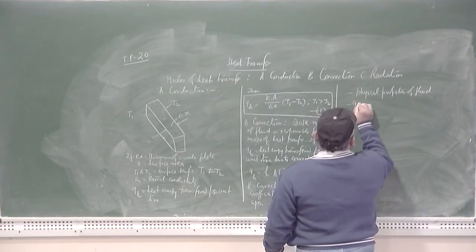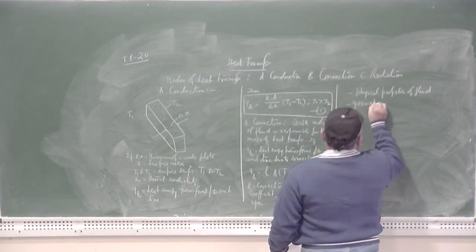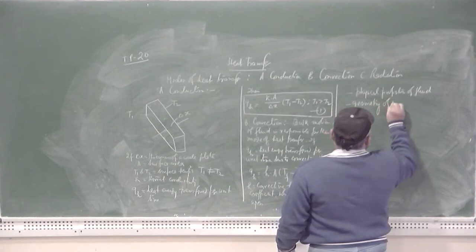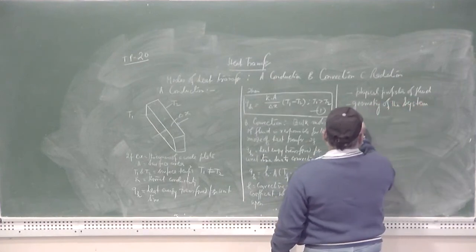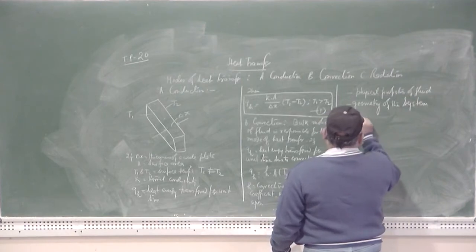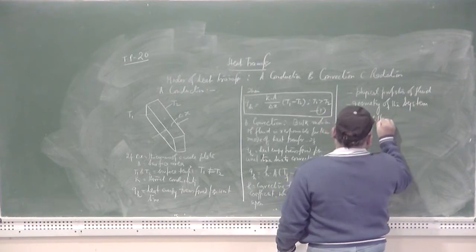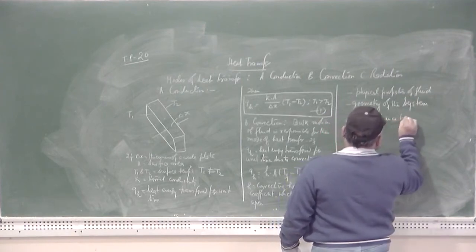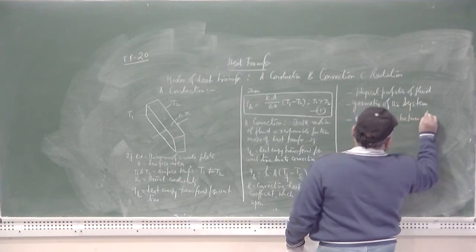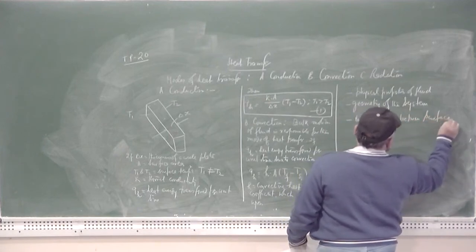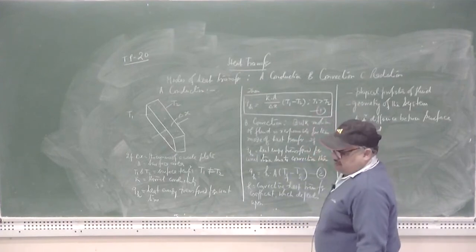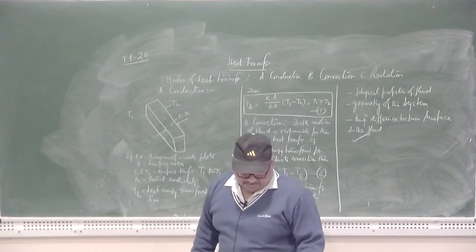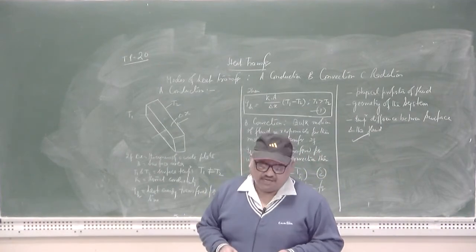It also depends upon the geometry of the system, and the third thing on which the value of H depends is the temperature difference between the surface and the fluid. These are the three factors on which the value of this convective heat transfer coefficient depends.